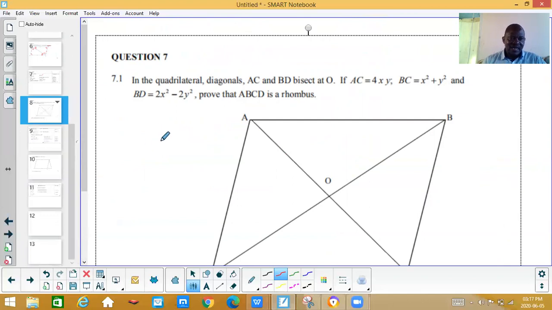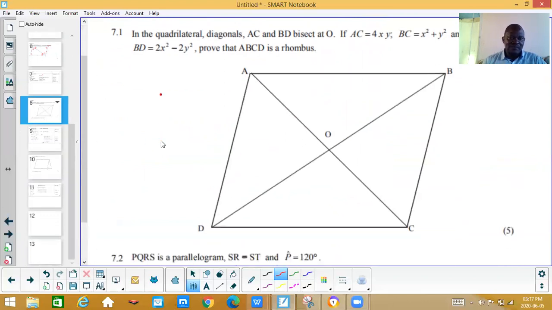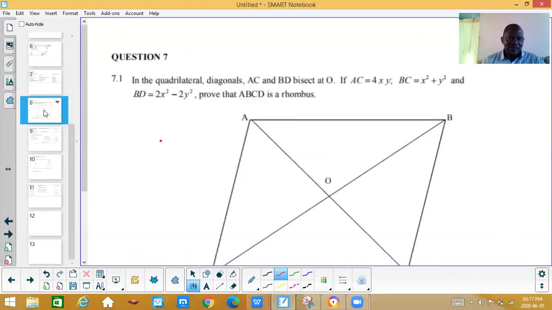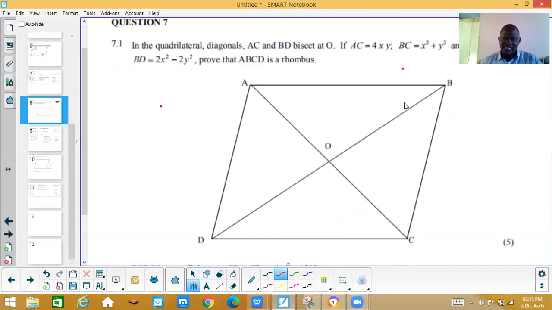Right, now let's move on to question 7. In the quadrilateral, a four-sided shape, we've got diagonals AC and BD that bisect.